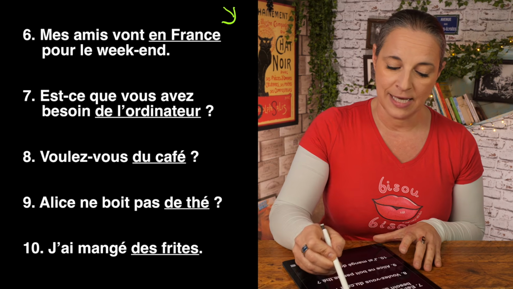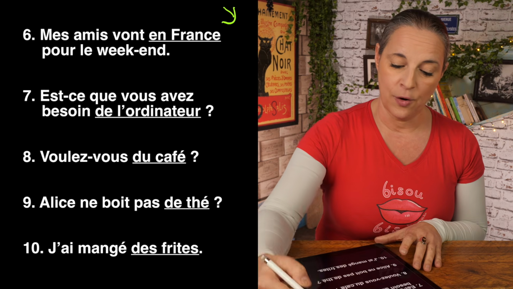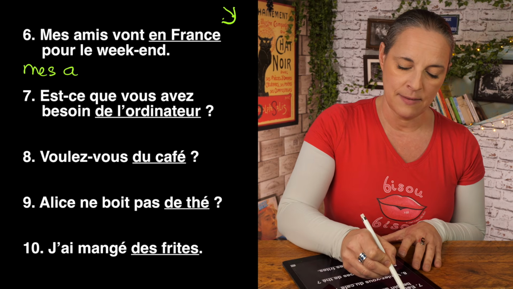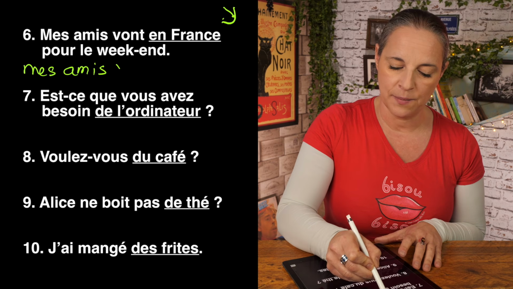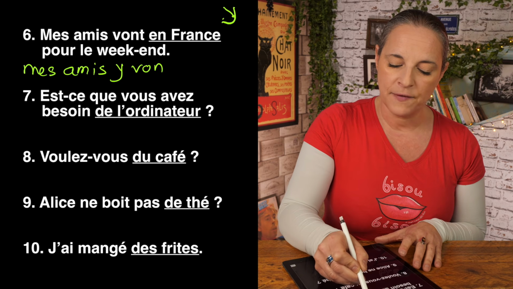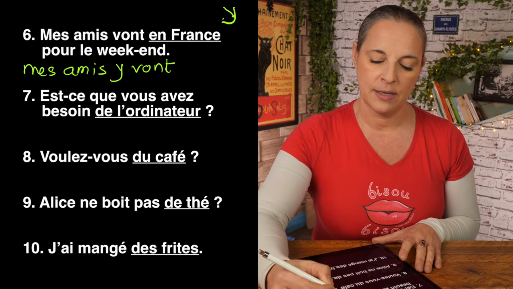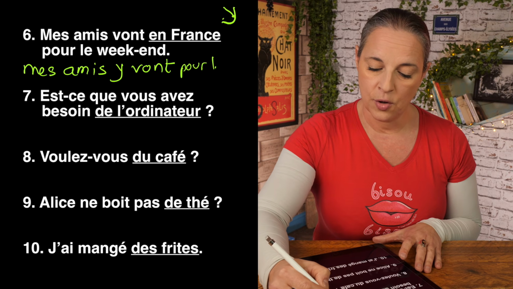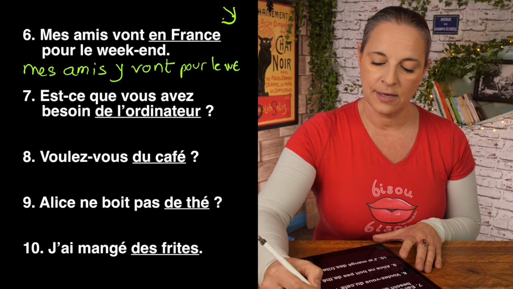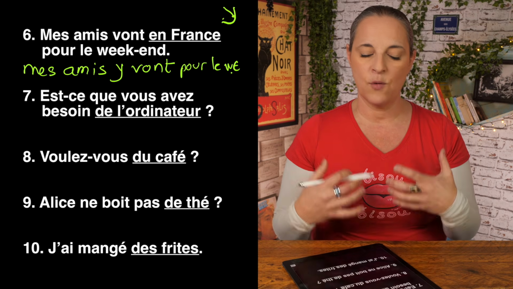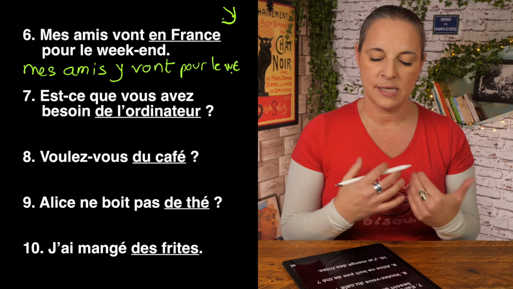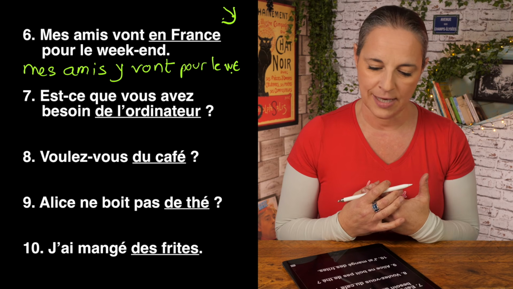Where do we put y instead of en France? It is before the verb, always. Ils vont. My friends are going there for the weekend. Where do they go? They are going there. Mes amis y vont pour le weekend.